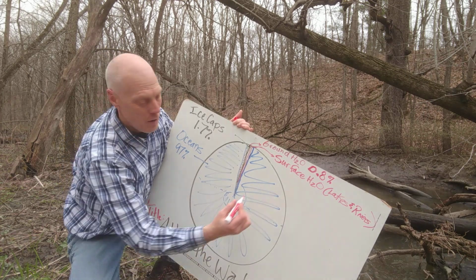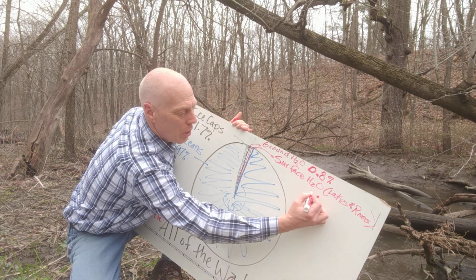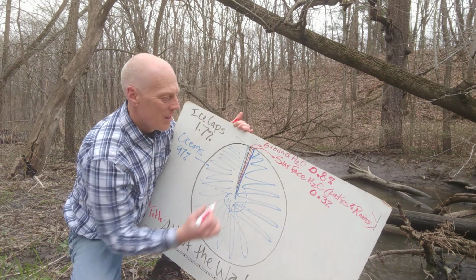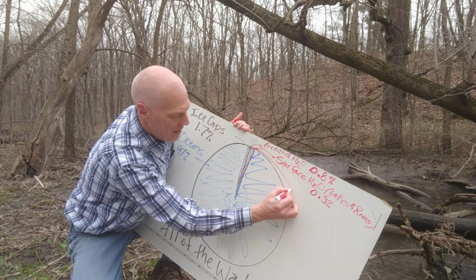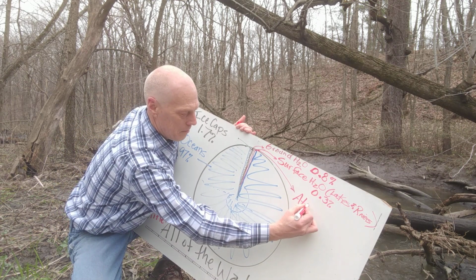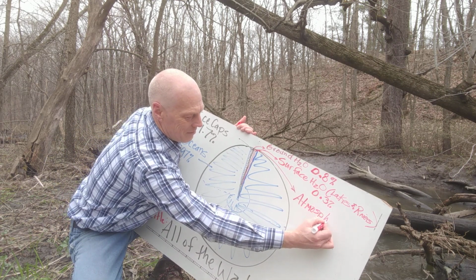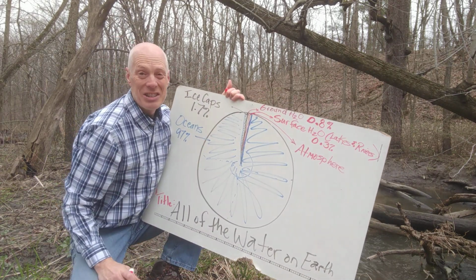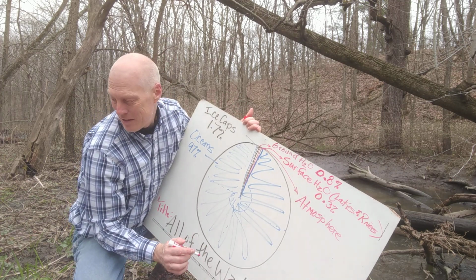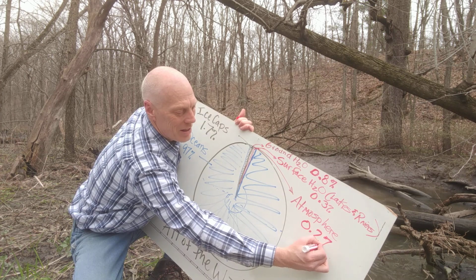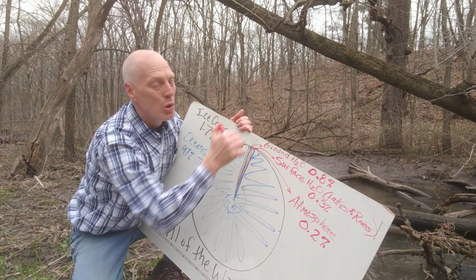That is 0.3%. And this last little sliver, that's going to be in the atmosphere. So some of the water that we say on Earth is hovering just a little bit above that, and that's 0.2, technically 0.2%.